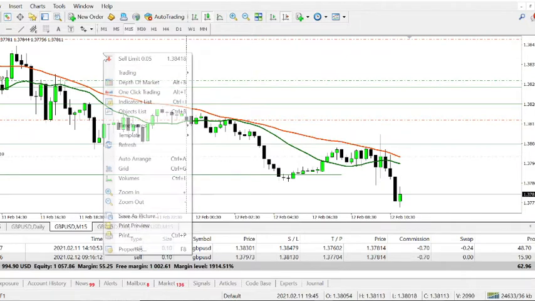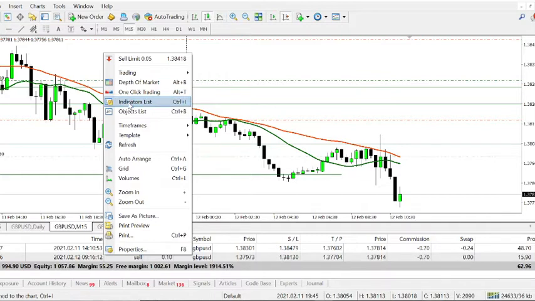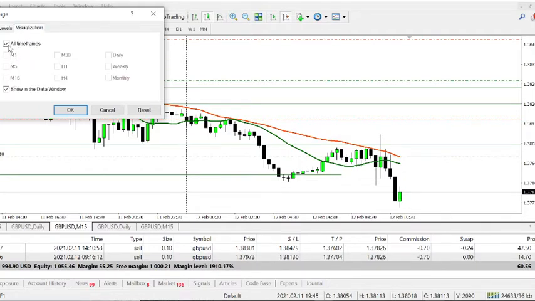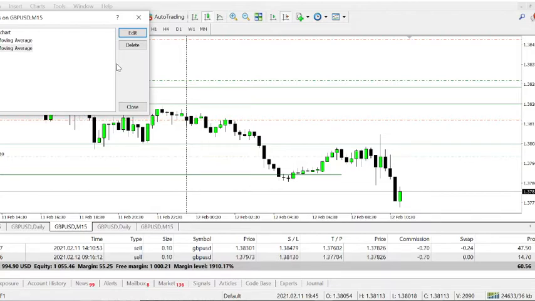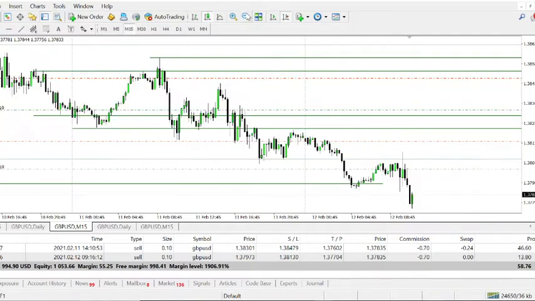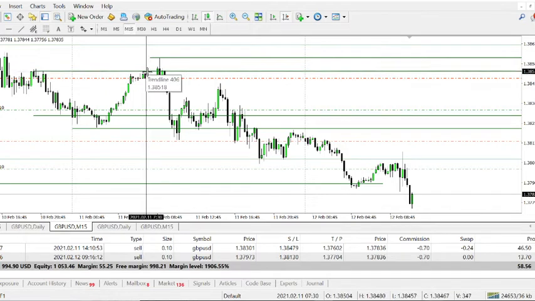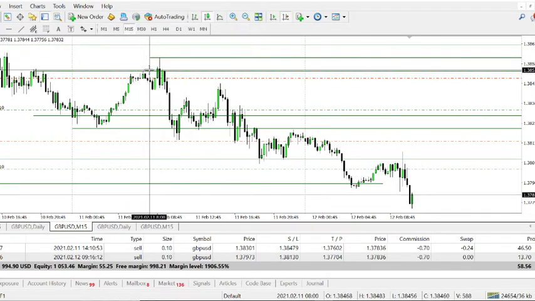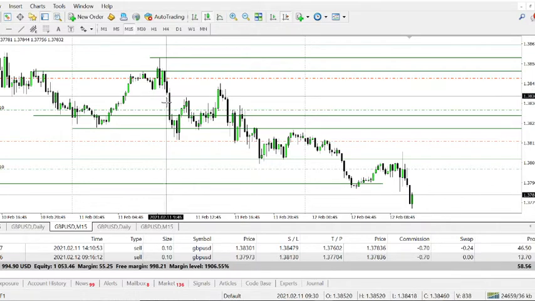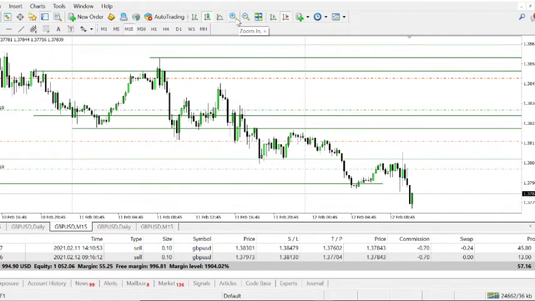If I go down to the 15-minute chart, you can see that yesterday this level was a very major support and resistance level, and price couldn't break this resistance level, and that's one of the directional biases why the market dropped.